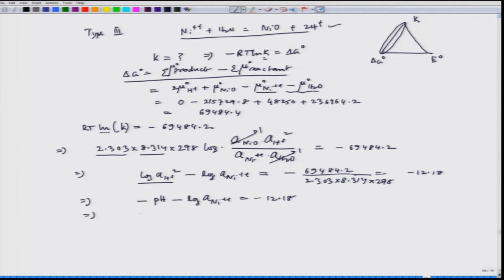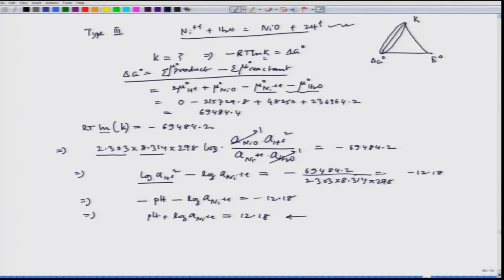So, I can simplify: pH plus log of a Ni plus plus equal to 12.18. This is the equation we are getting to indicate the equilibrium for this particular reaction.